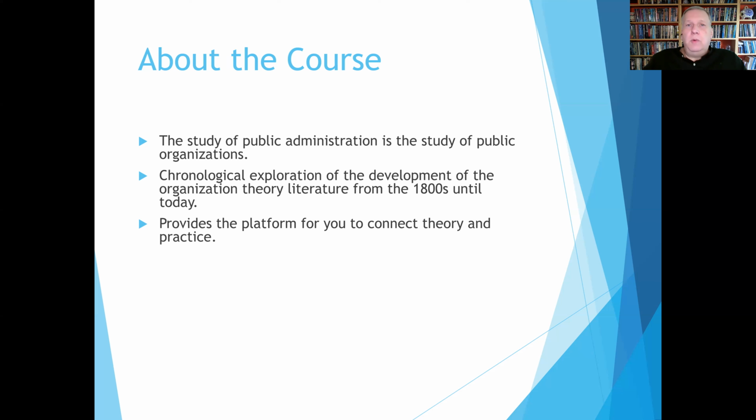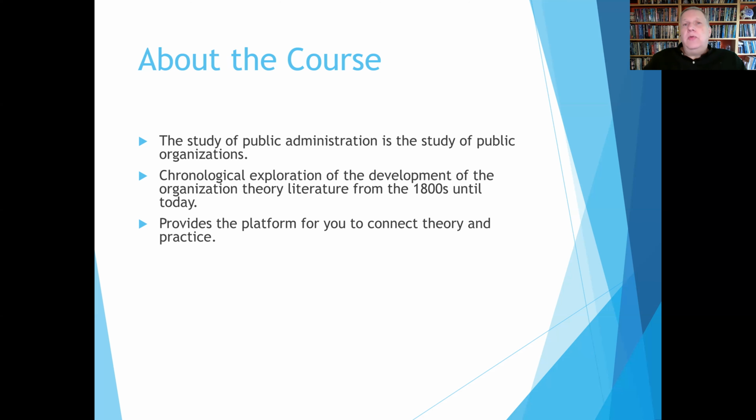So in this course, we will take you through a chronological exploration of the development of organization theory. We will start with the classical school of organization theory way back in the late 1800s, and we will go through the chronological development of the literature up to modern organization theories.